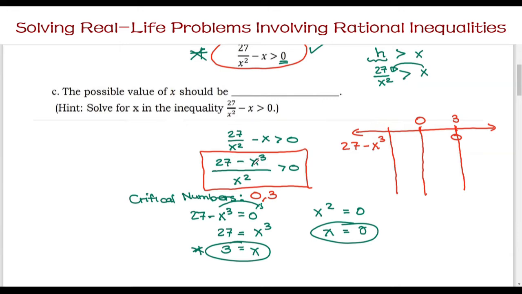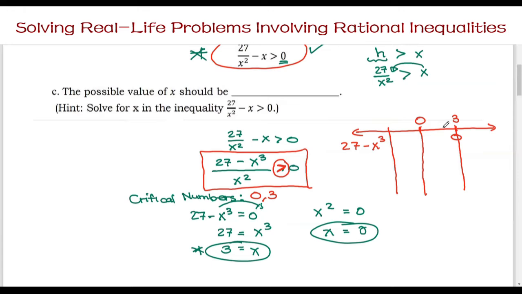Pero, kahit pwedeng mag-0 ang numerator, kung titingnan nyo yung inequality sign, walang equal to 0. Greater than lang to, greater than 0. So, bawal mag-equal sa 0, bawal mag-0 ang numerator din. So, that's why hollow circle lang ito.